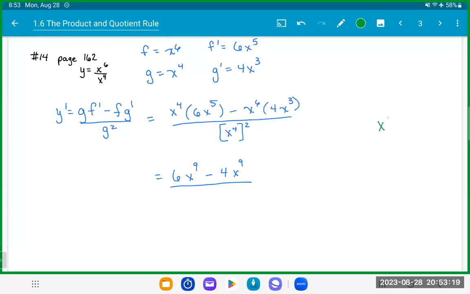If I had X cubed and I have that to the 4th power, that's like saying X cubed times X cubed times X cubed times X cubed, or X to the 3 plus 3 plus 3 plus 3, or you could say it's X to the 3, 4 times.